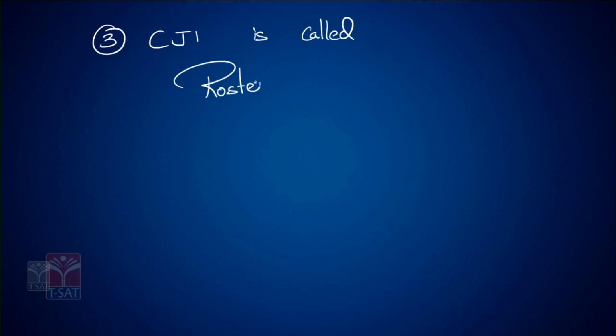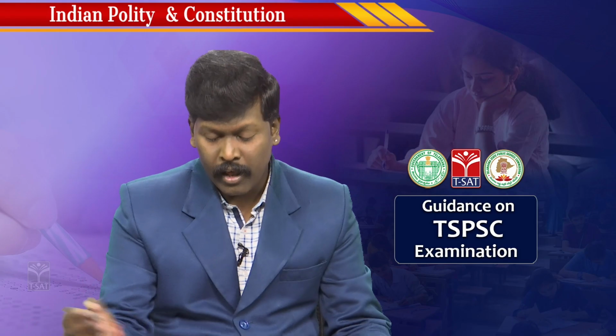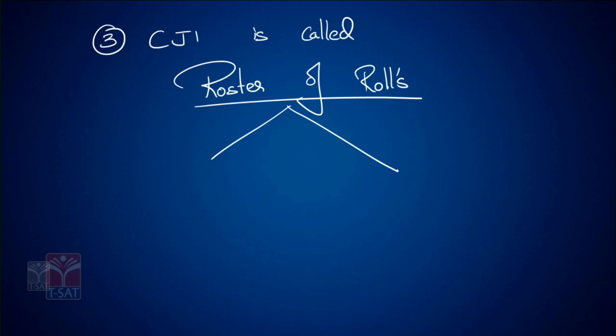The third important point is the Chief Justice of India is called the master of the roster. Why is he called the master of the roster? For two important reasons.